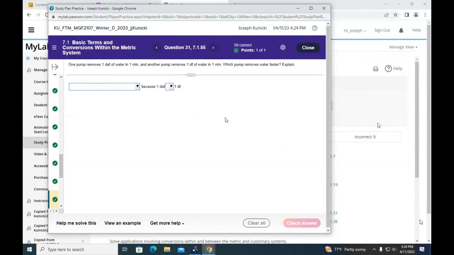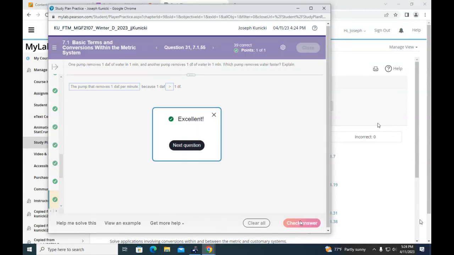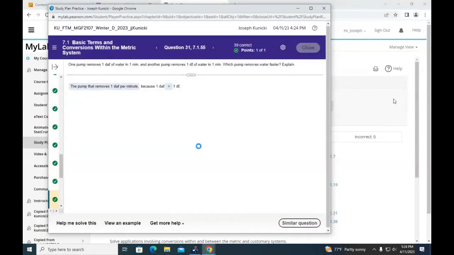Well, which volume's larger? It'd be the deciliter, so it'd be the pump that removes 1 deciliter per minute because 1 deciliter is greater than 1 deciliter. In fact, it's 100 times bigger, because it's two powers of 10 different. Make sense? Mm-hmm. Okay.